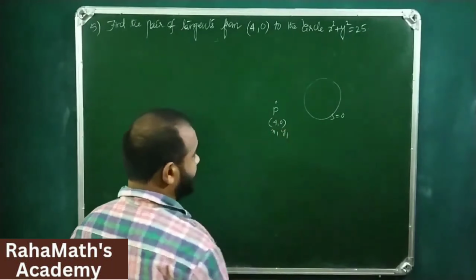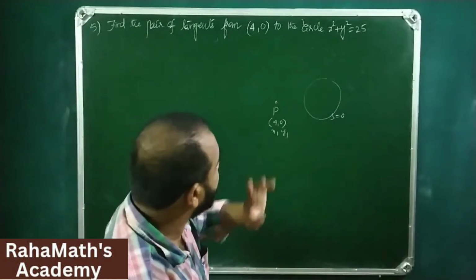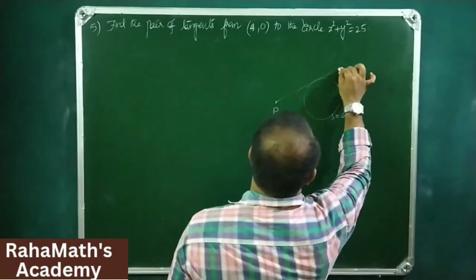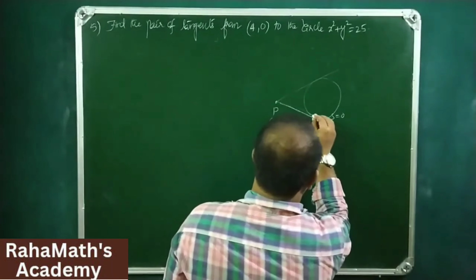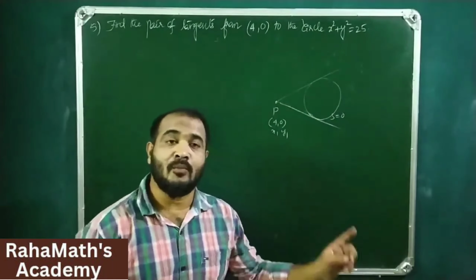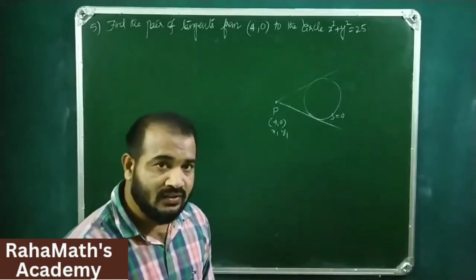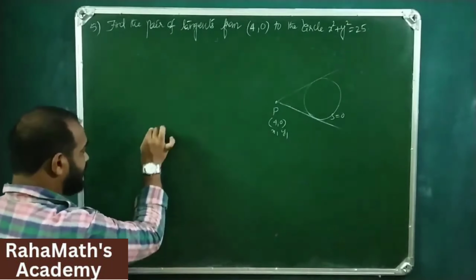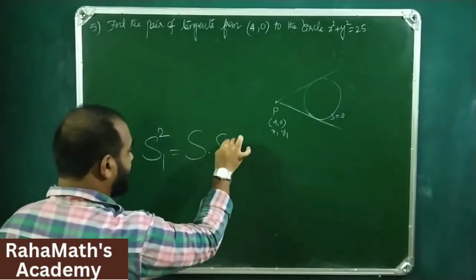So the pair of tangents from this point to the circle, the two tangents will be like this. So the combined equation of the pair of tangents from the point P (x1, y1) to the circle S equals 0 is S1 square equals S into S11.